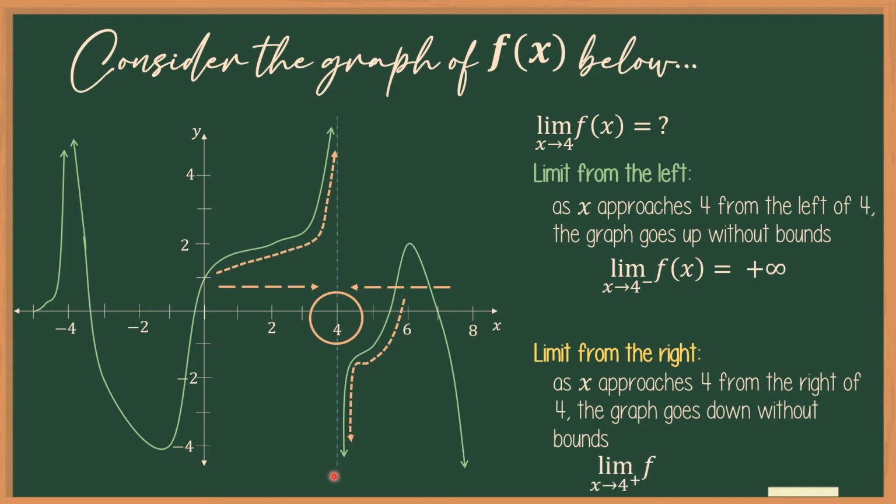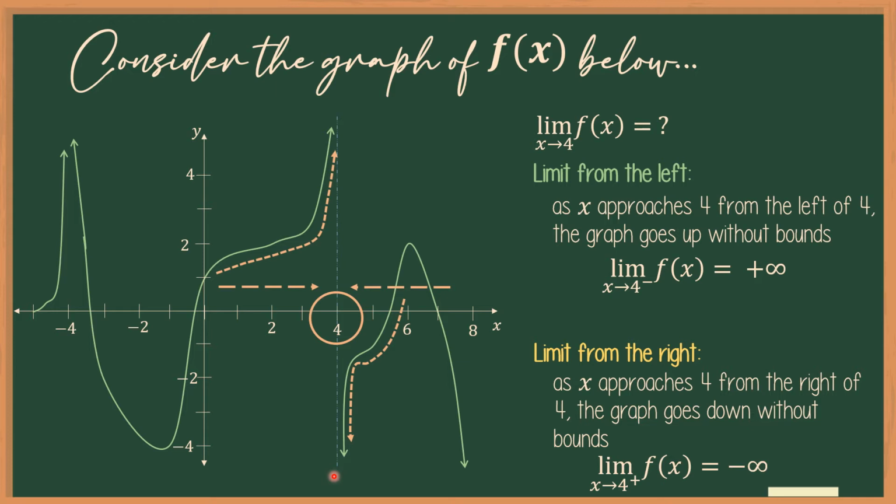So the right-hand limit is negative infinity. Again, this is not a number. It just tells you that the function as x approaches 4 from the right does not have a limit, but the behavior says that it goes down, or the function values decrease without bounds.